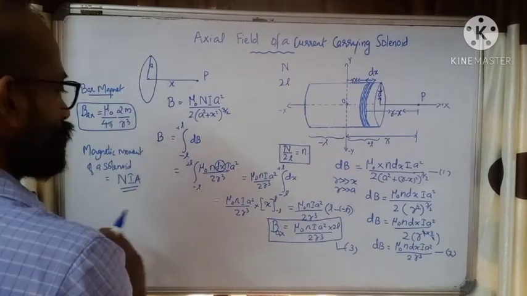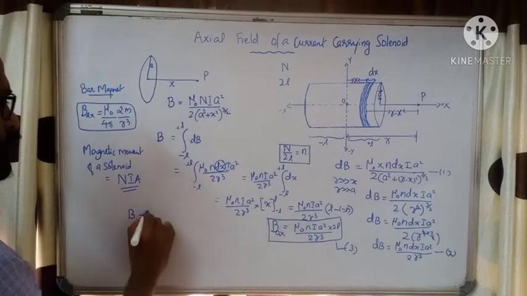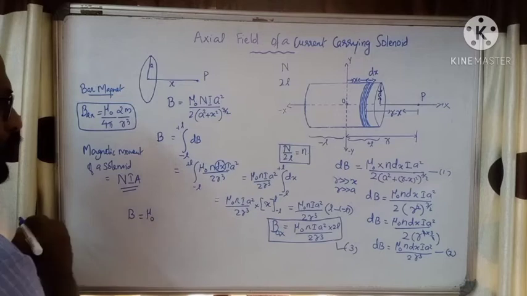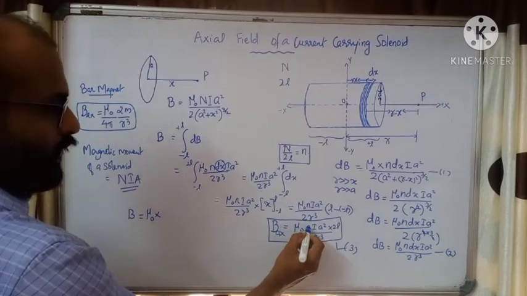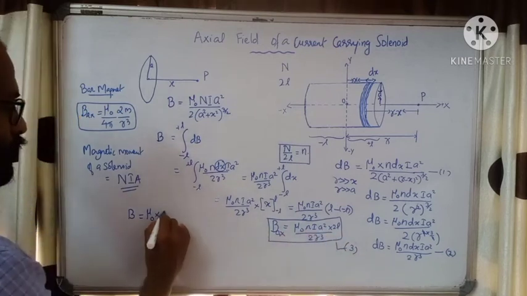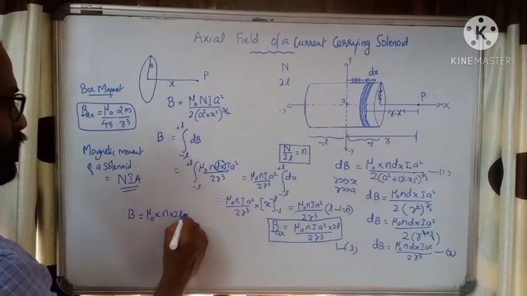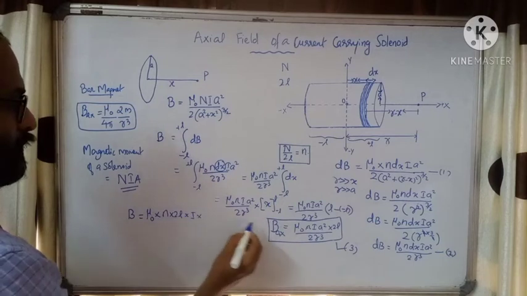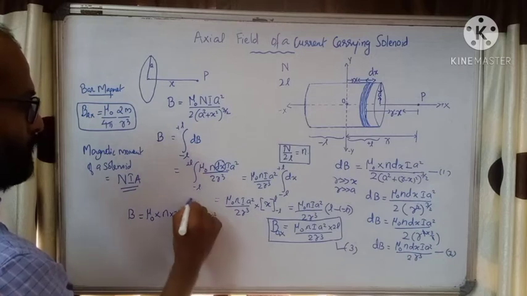How? Take that equation for B and just rearrange it. We have mu 0, then N into 2L taken together, then current I, then A square, where I multiply pi with A square.